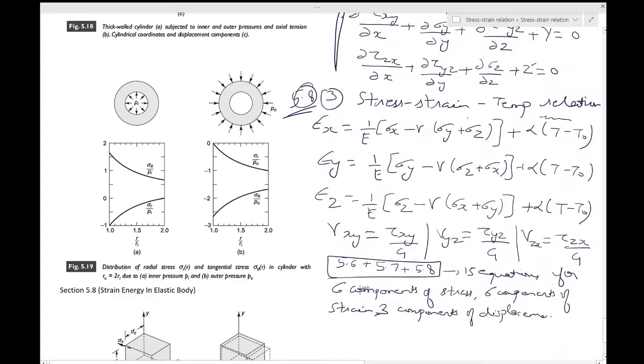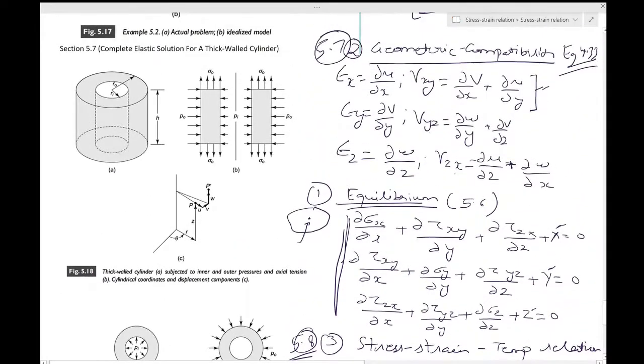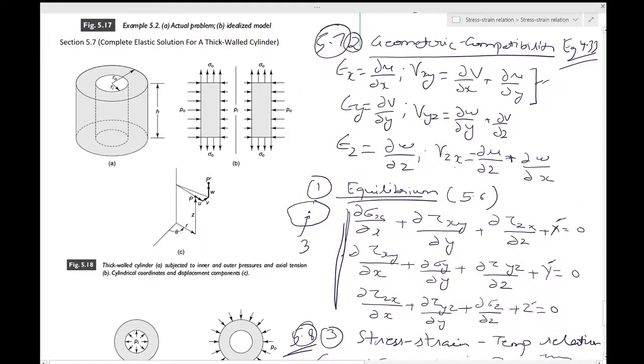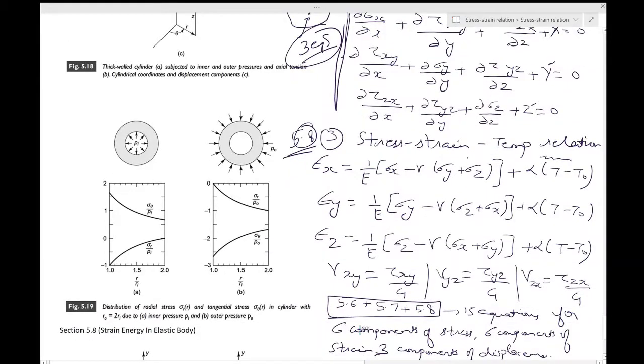So let's verify this. 5.6 has 3 equations. 5.7 has how many? 1, 2, 3, 4, 5, 6 equations. And 5.8 has 6 equations.